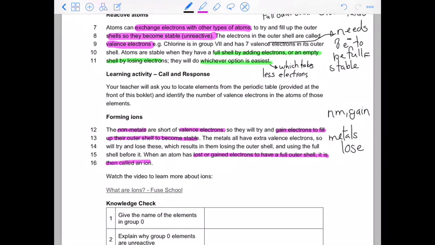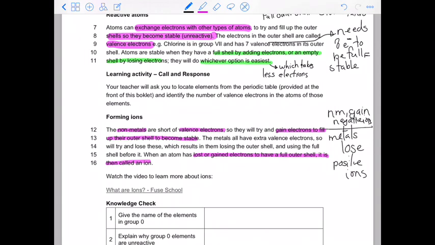And if they have gained electrons, they will become negative ions. So nonmetals become negative ions. Whereas metals will lose those electrons, so they will become positive ions.